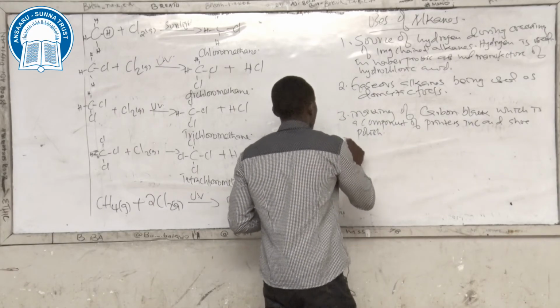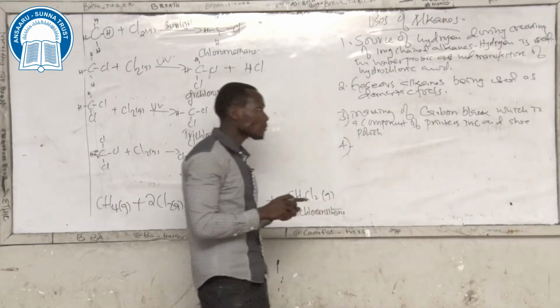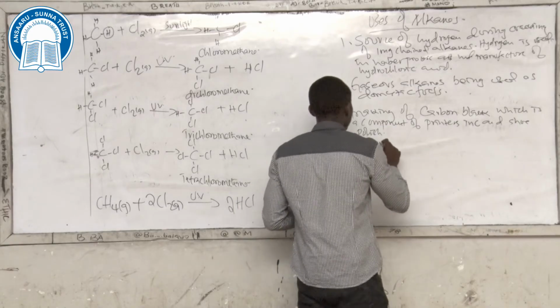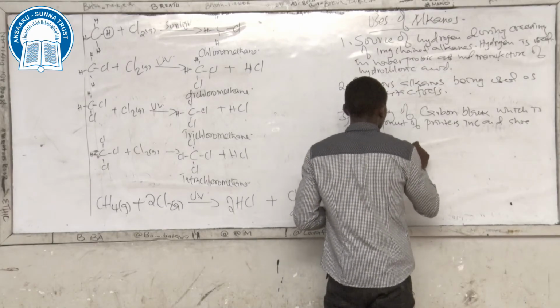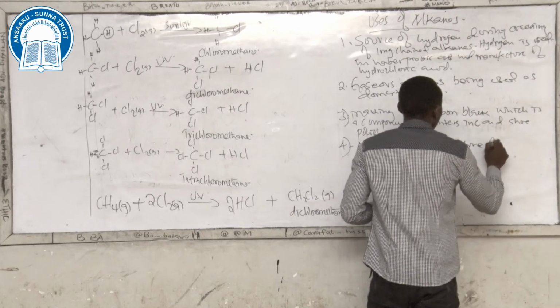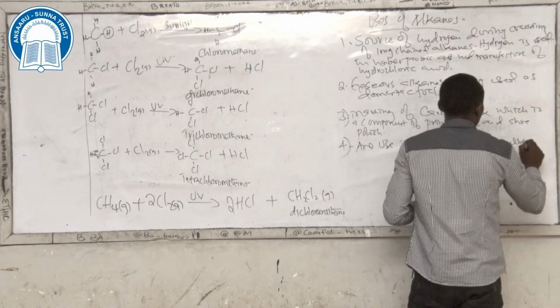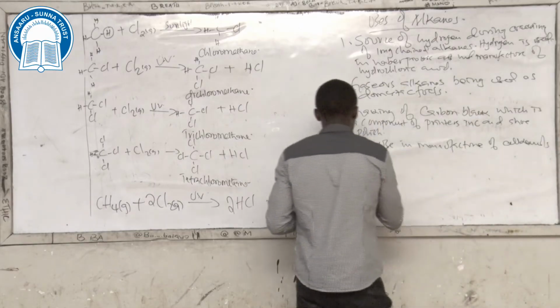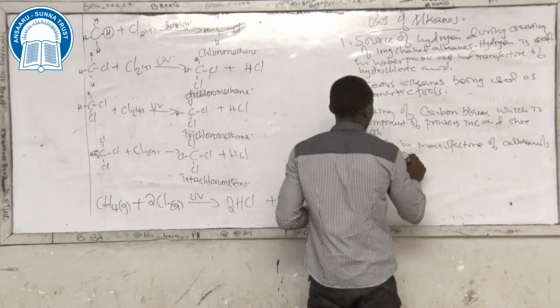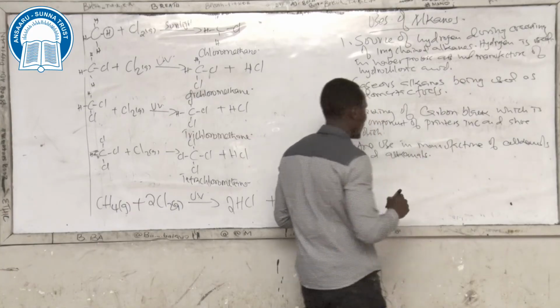And we have the fourth one, used in manufacture of alkanols and alkanals.